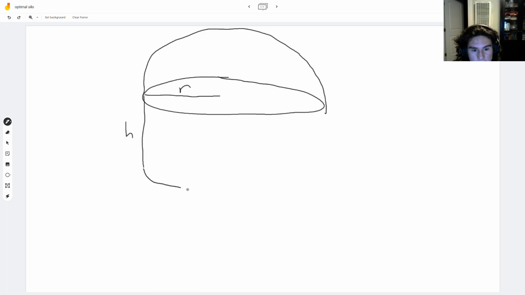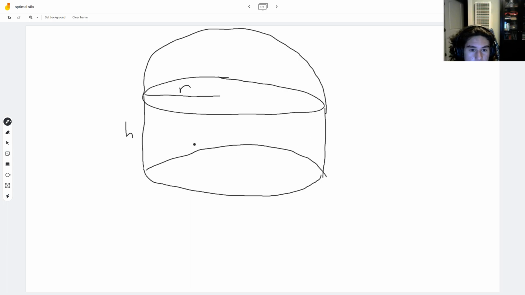So essentially this is the optimal silo for volume to surface area. So basically, if you're trying to store a certain amount of corn and you want to use the least metal, this is the shape that you're going to use. Obviously, we don't see silos that look like this.